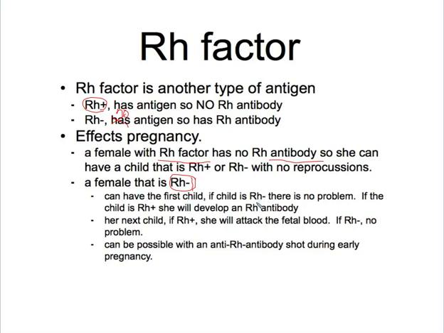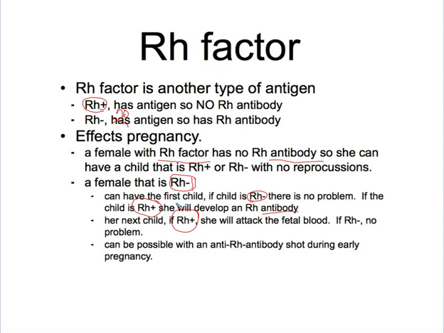If your first child is Rh negative, there's no issue. So if you're negative and your baby is negative, no problem. But let's say you had a child with someone who's Rh positive. If that child becomes Rh positive, you will develop this antibody. And the first time won't be an issue. But your next child, if it is Rh positive, your body will destroy that blood and the baby will be lost.